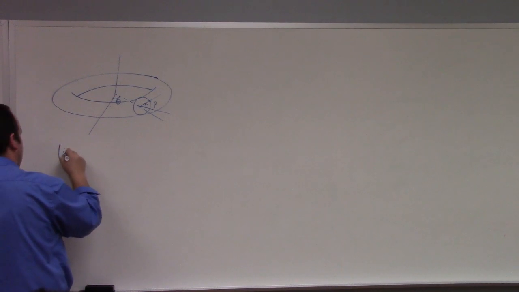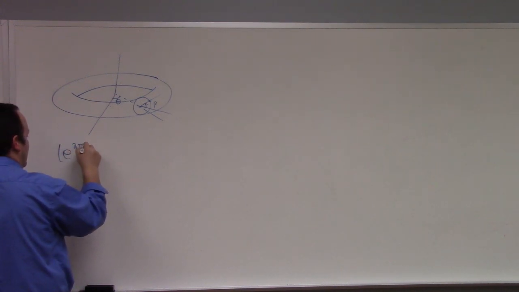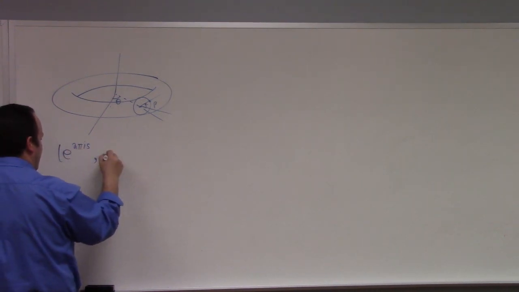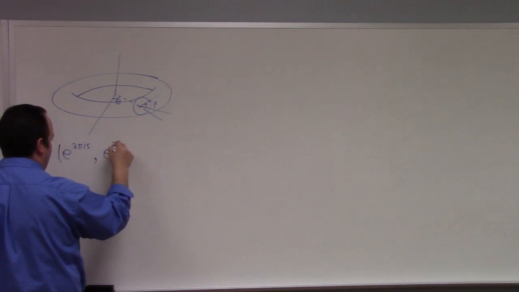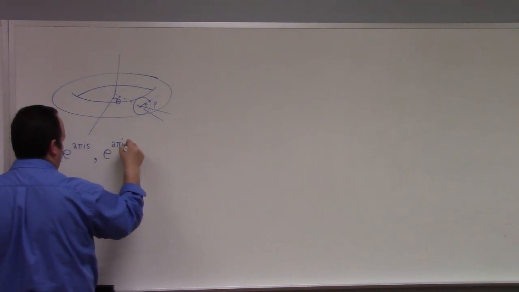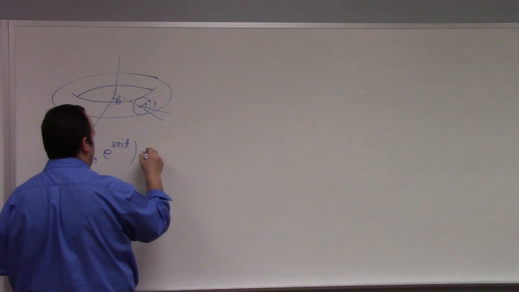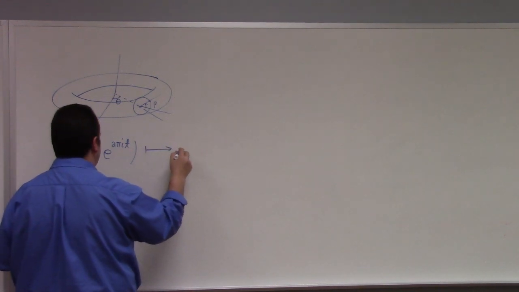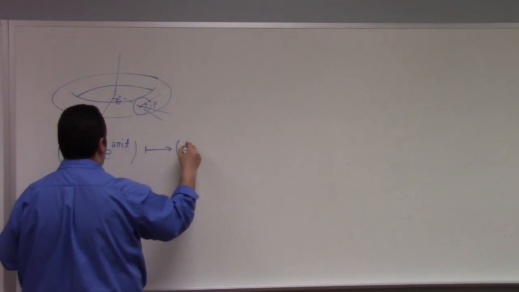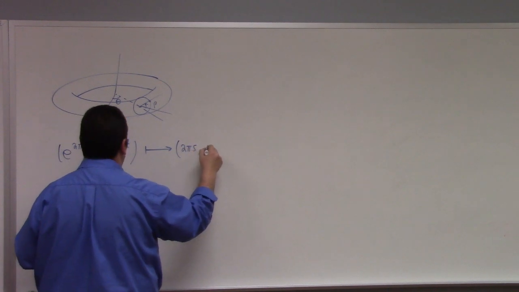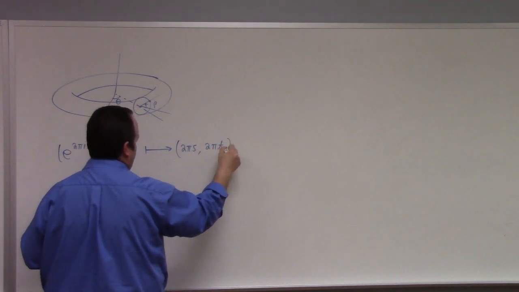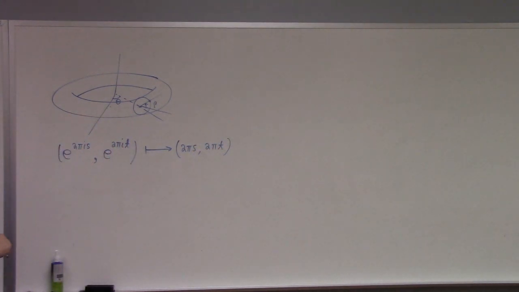What's the homeomorphism of, can you tell me? I don't know, fun question. This is not in the book or anything. I'm just making trouble at the moment. If you had to map this point, you want to map it to what? (2πs, 2πt), quote unquote.